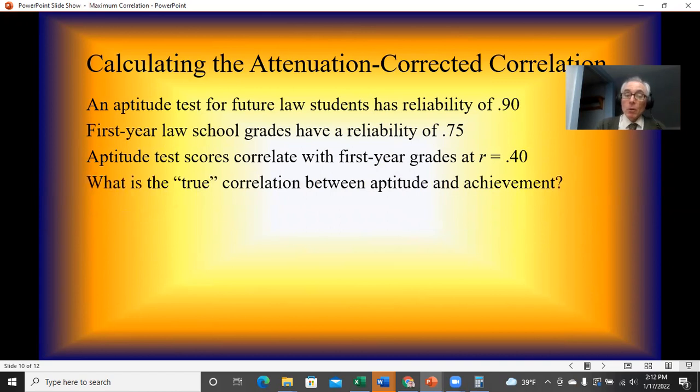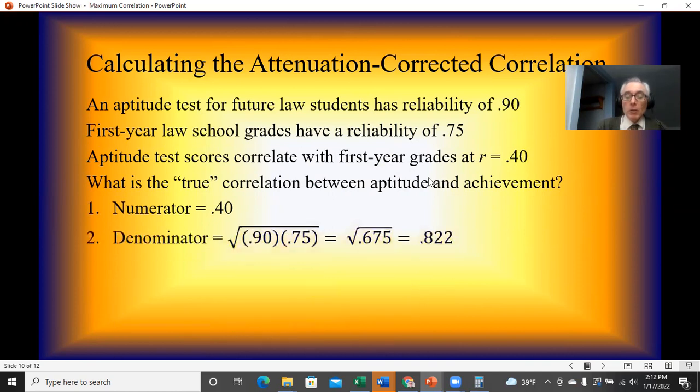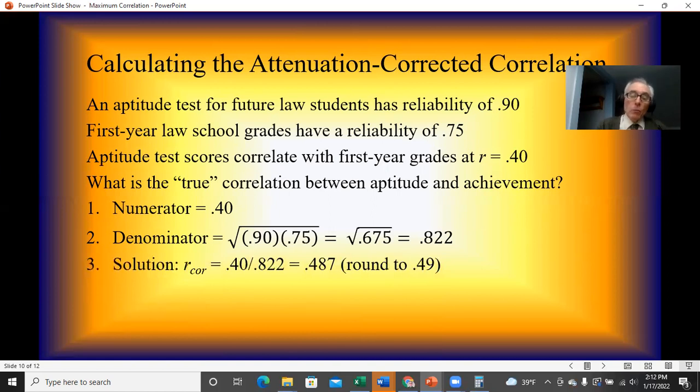So the true correlation, well, 0.4 is the numerator. That's R1,2. The denominator is the square root of the product of their reliabilities. And these are the same numbers we used before. So you get 0.82. So the true correlation is more like 0.49.